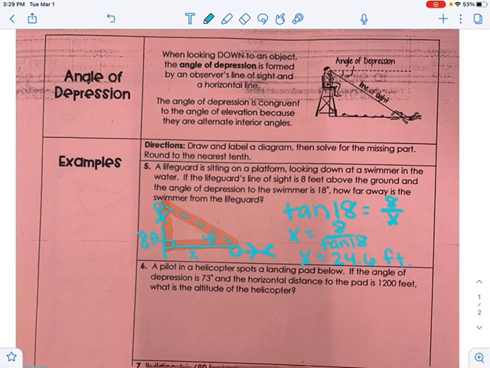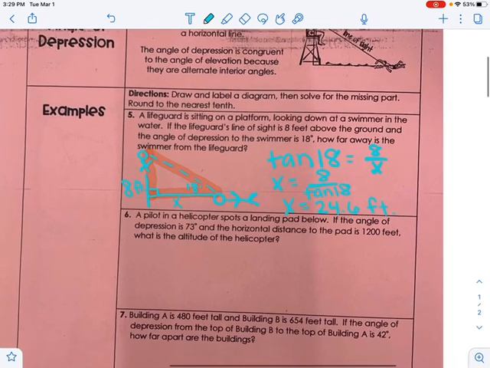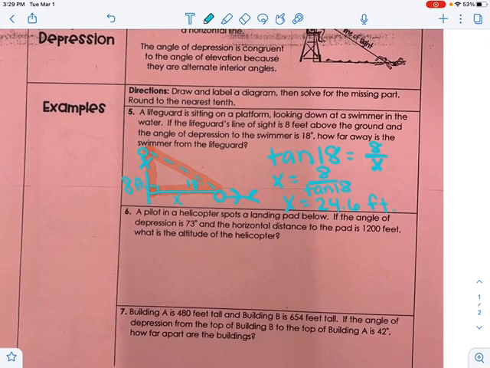Let's try it again. In the next scenario, we have somebody in a helicopter. So I'm just going to draw him out in the air because he's in a helicopter. And he sees a landing pad below. So I'm going to call this my LP, my landing pad. And he sees it. So now I'm going to make a right triangle by going straight down and straight over.